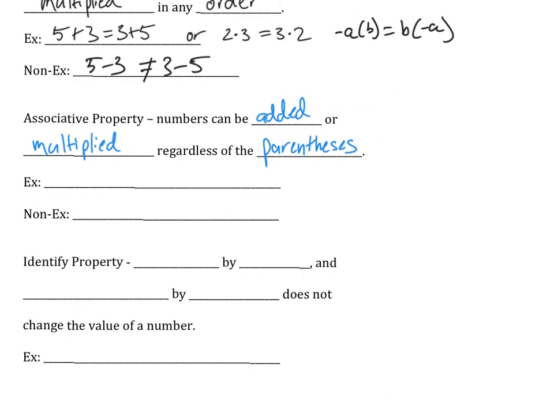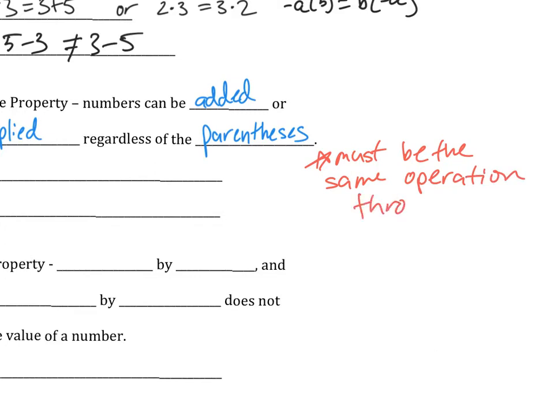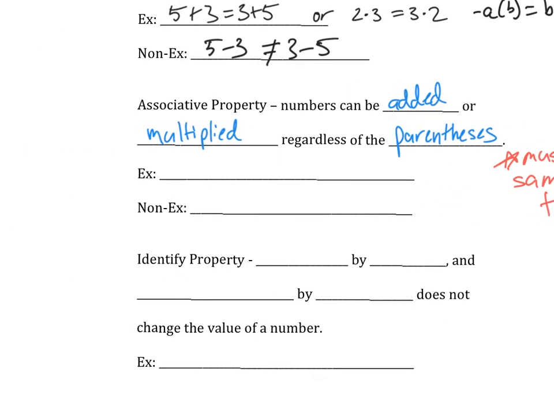Okay, but I'm going to make this note right over here that you must have the same operation throughout. So if you had some adding and some multiplying, then that wouldn't work. Okay, so it would have to be all adding or all multiplying. Okay. So then let's think about some examples here.